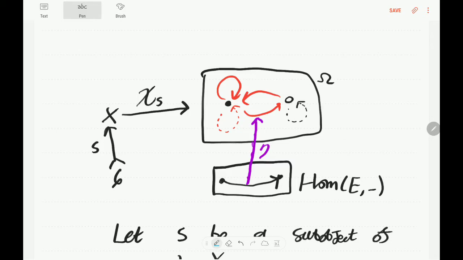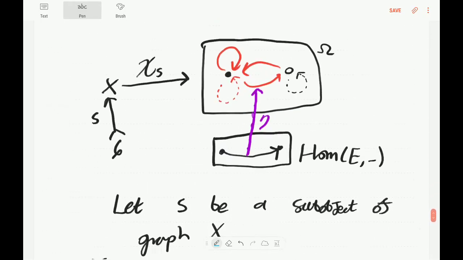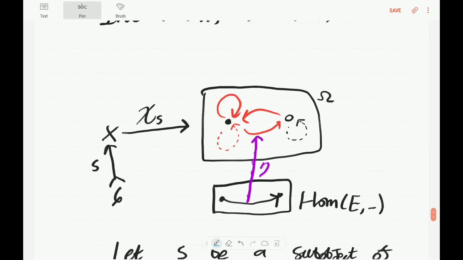So when we pull back along chi, that vertex will be present. So all the vertices will be present in X, but the only edges that will be present in X are the edges going from stuff that's inside the subobject S to stuff that's outside the subobject S.